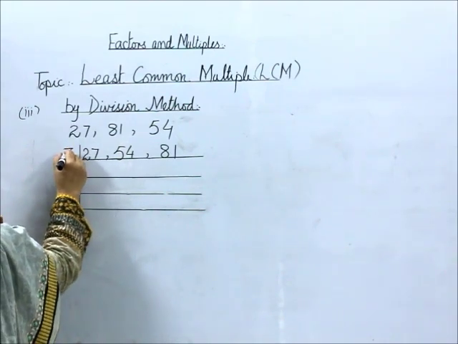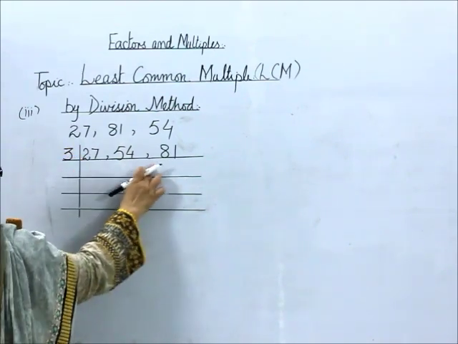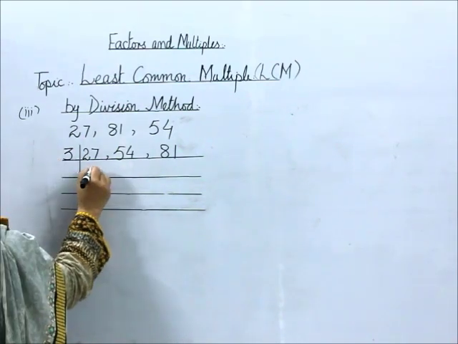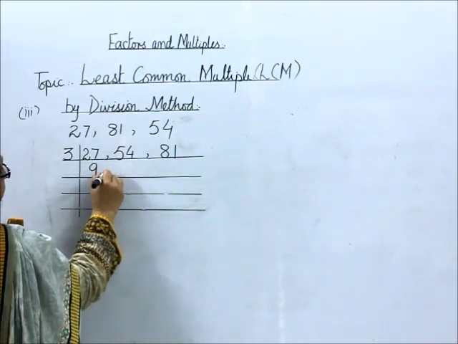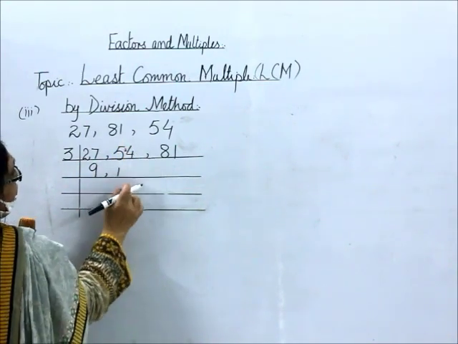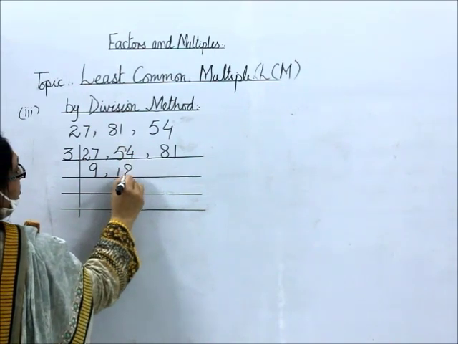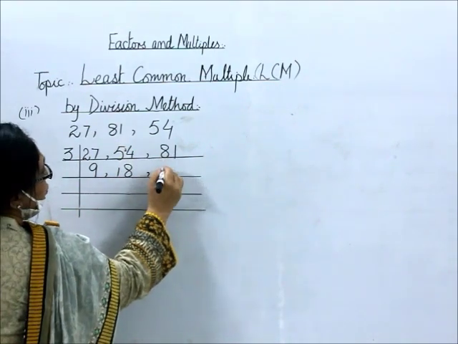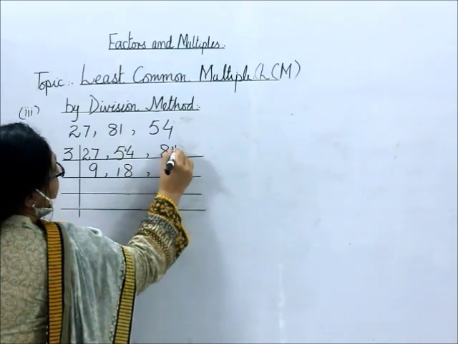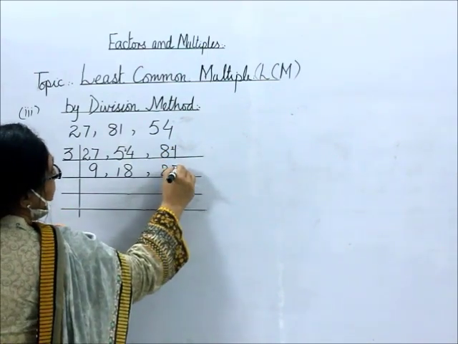So I'm writing 3 here and I'm going to divide all these numbers by 3. 3 9s are 27. Here 3 1s are 3. 2 will be left and it will make 24. 3 8s are 24. Now 3 2s are 6. 8 minus 6, 2 is left, it will make 21, and 3 7s are 21.